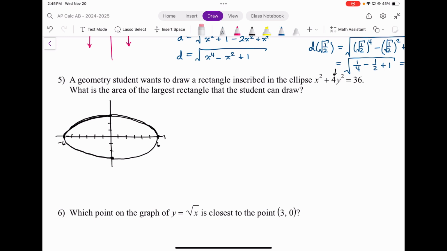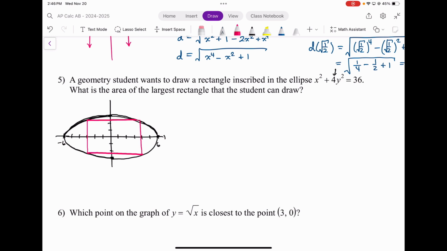Okay, and the idea is we're taking this ellipse and drawing a rectangle inside of it. It's a rectangle that fits in here. Ooh, my ellipse is not good enough to draw this rectangle.